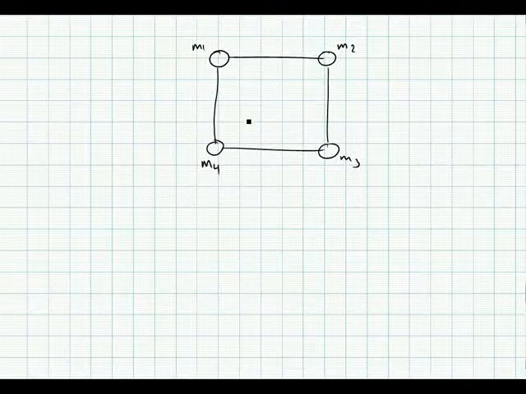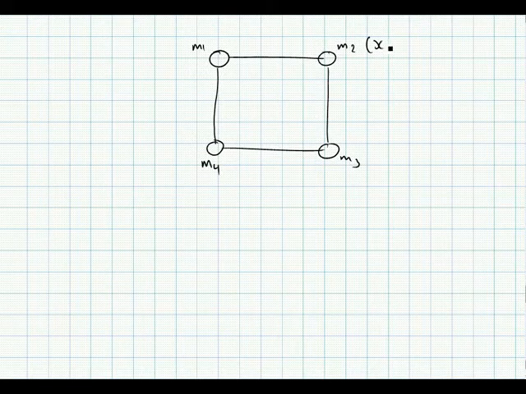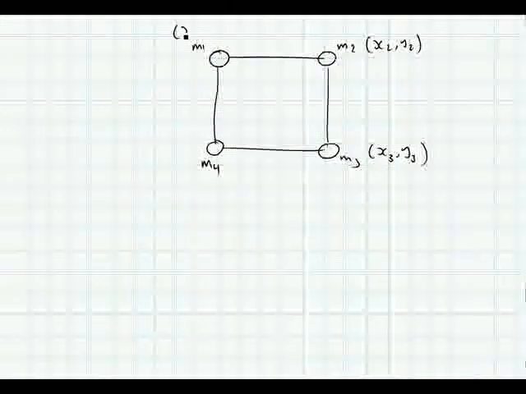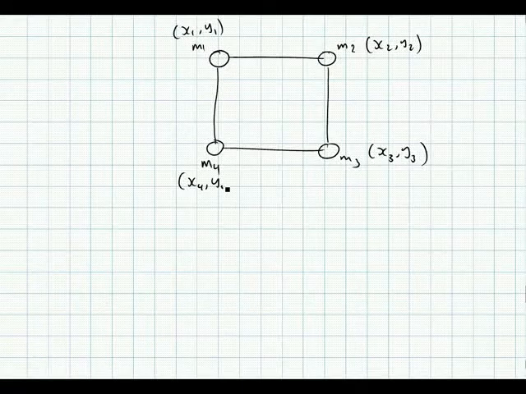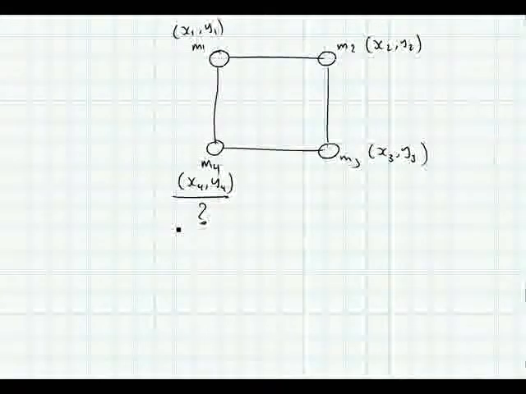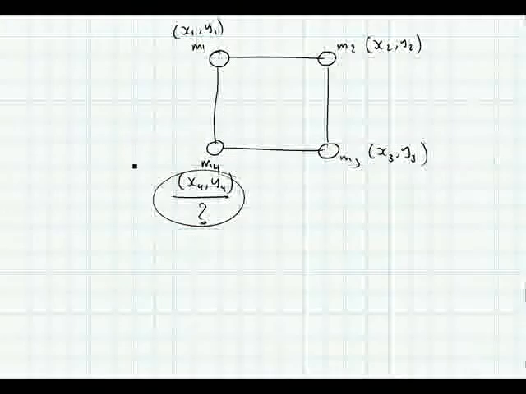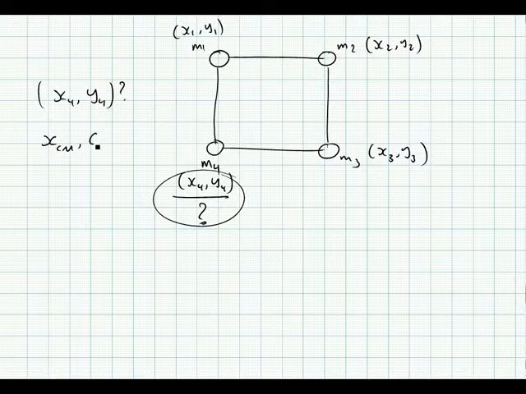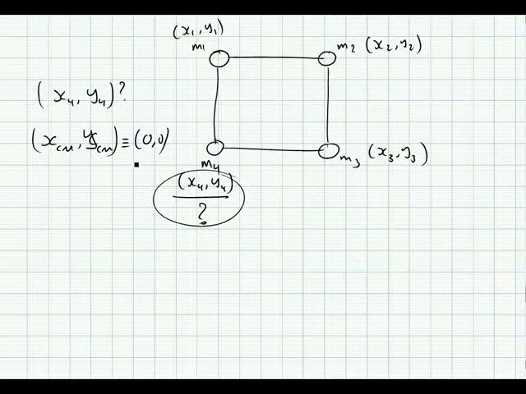Let's say we know x2, y2, and we know x3, y3, similarly x1 and y1, but we do not know x4 and y4. So these we do not know, and the problem may give us all the information except this, of course, and the question may be of the form of what do x4, y4 need to be such that the center of mass would have coordinates of 0, 0, right?